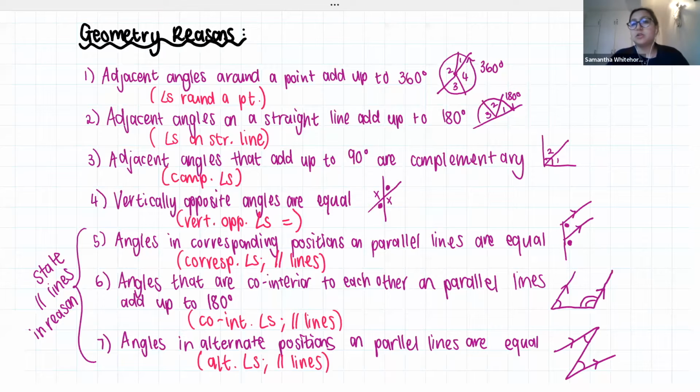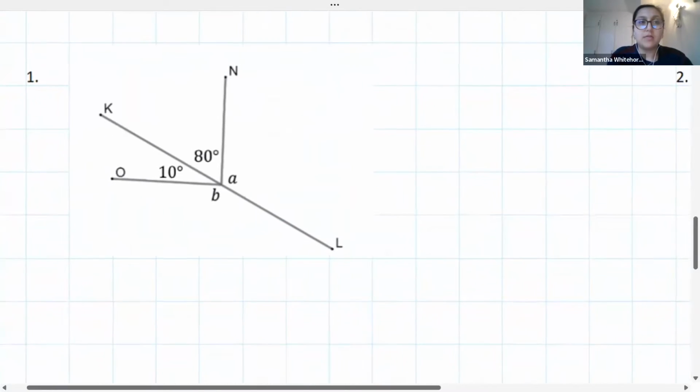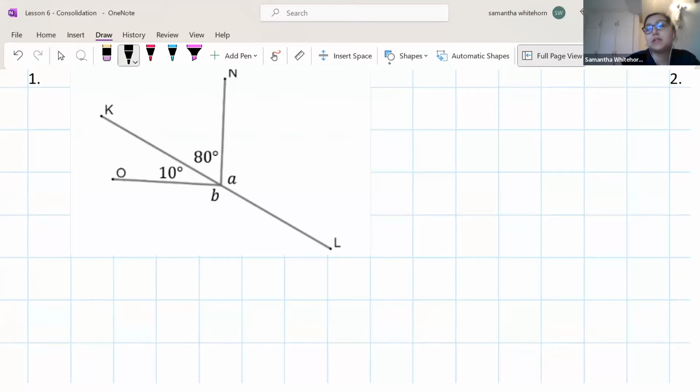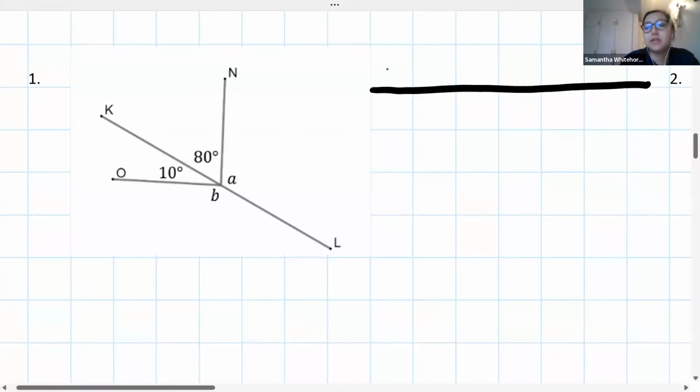Right, I hope we've all got our screenshots. Let's have a look at some examples. Right, so I want you to try question 1 by yourselves. The first thing, guys, I would always do is check if I have parallel lines, because then there's potentially going to be me using parallel line reasons.